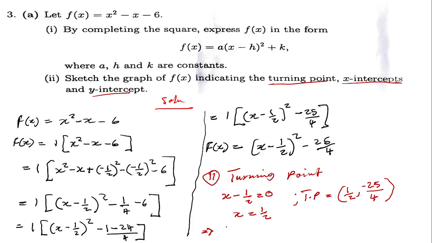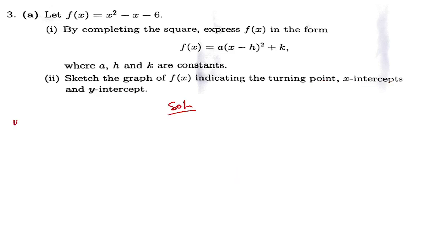The y-intercept is very easy. I'll just get that constant number, so y is simply equal to negative 6. That's my y-intercept.